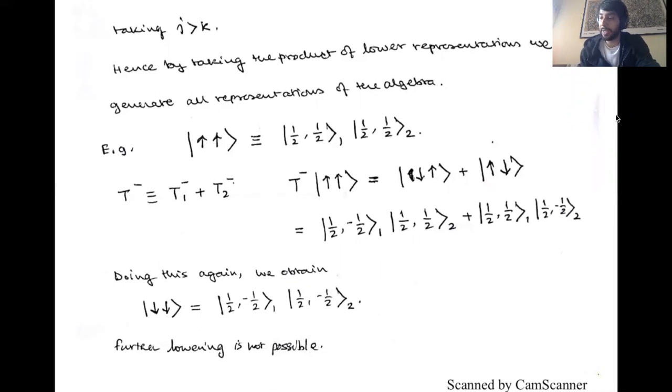So what you get is a state like this. Okay, so this is going to be half minus half, half minus half of both guys. You can't lower this more, so we are done.